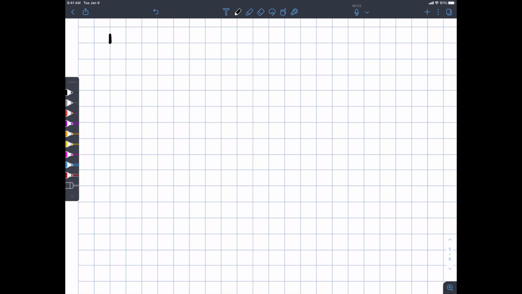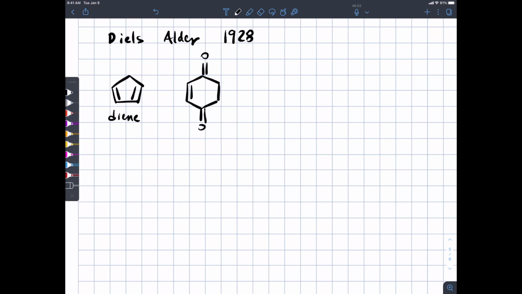The reaction we're going to introduce is called the Diels-Alder reaction. And it was discovered in 1928 by German chemists Otto Diels and Kurt Alder. And they discovered the following reaction. They started with cyclopentadiene, and they added a molecule that they came to call a dienophile, meaning the thing that reacts with the diene.